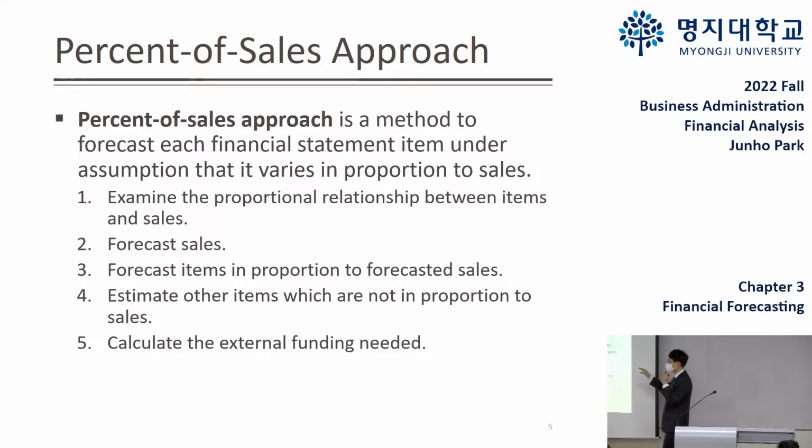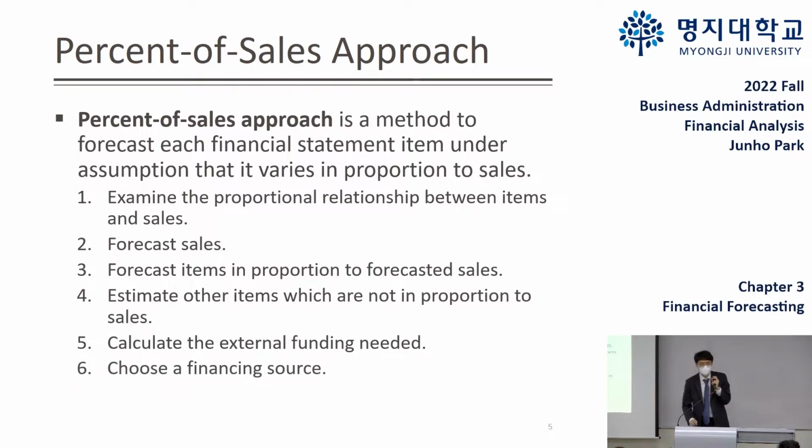So we are going to call it EFN. And finally, we have to choose the source of those funds. Should we raise money from the equity market, the stock market, or should we borrow the money from the bank?